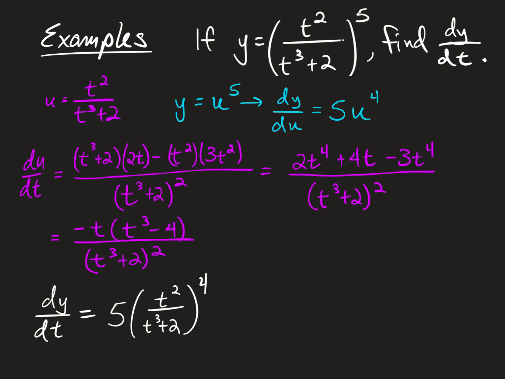From there, we can multiply by du dt. So that will be negative t times t cubed minus 4 all over t cubed plus 2 to the 2nd power. And this can be simplified, but this is a very good, respectable answer.